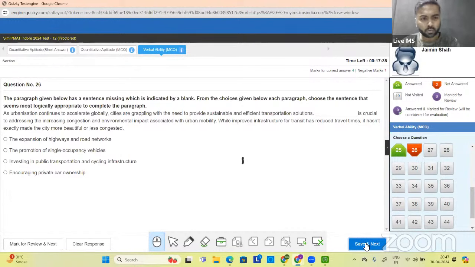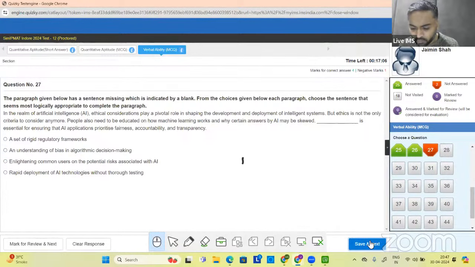Okay, the expansion of highway and roadway networks is crucial to addressing the increasing congestion. Expansion cannot be leading to congestion. The promotion of single occupancy vehicles, no. Investing in public transportation and cycling infrastructure, encouraging private car ownership. It's the third. It's very obvious.